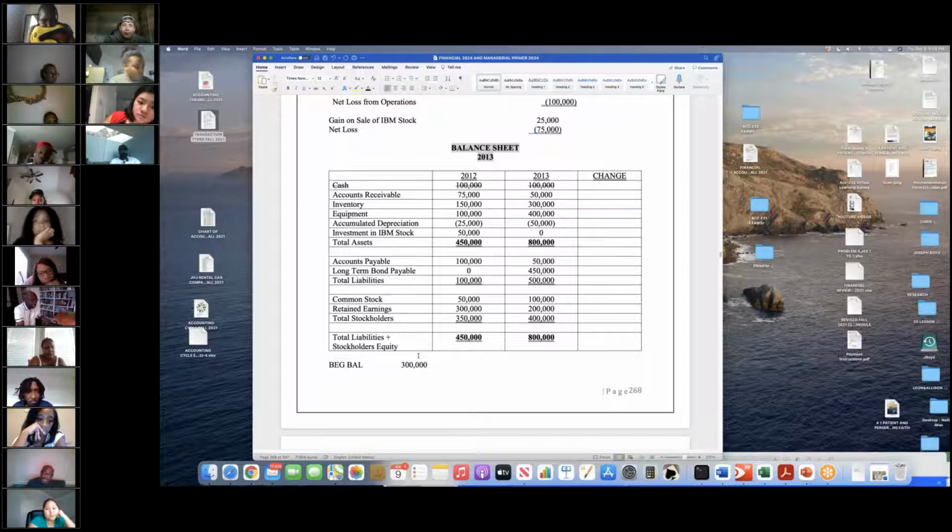We had a net loss of 75,000, so we're gonna have a minus 75,000 here.